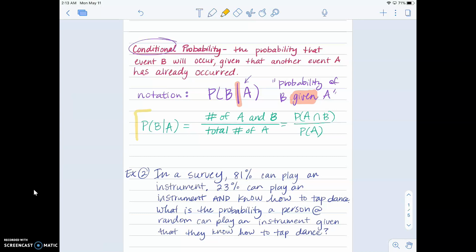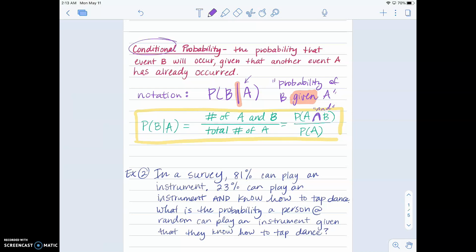The probability of B given A is essentially the probability of A and B, remember, this intersection means and, divided by the probability of A. Another way to think about that is the number of A and B on the top, and then the total number of A on the bottom. Use whichever makes more sense for the problem.